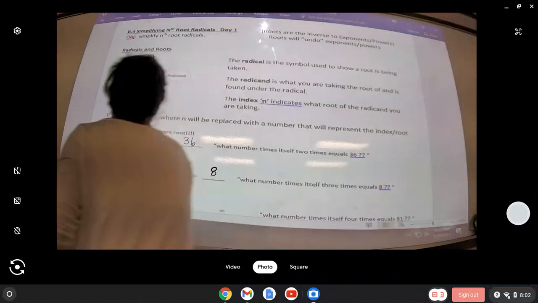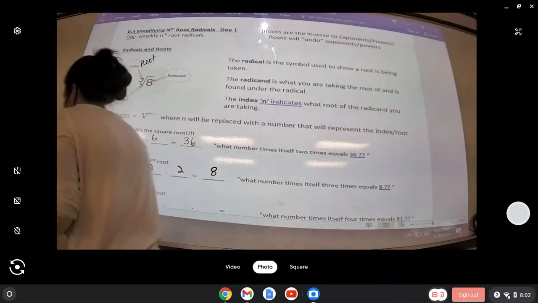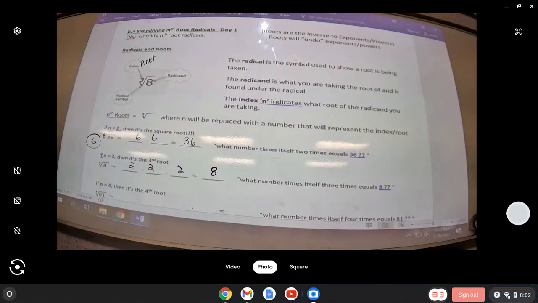It's 2. 2 times 2 times 2. So 2 to the third power is 8, right? So the third root of 8 is 2, because 2 to the third is 8. When you take the third root of 2 to the third, the root and the 3 cancel out, because remember 2 to the third is 8, and you're just left with the 2.